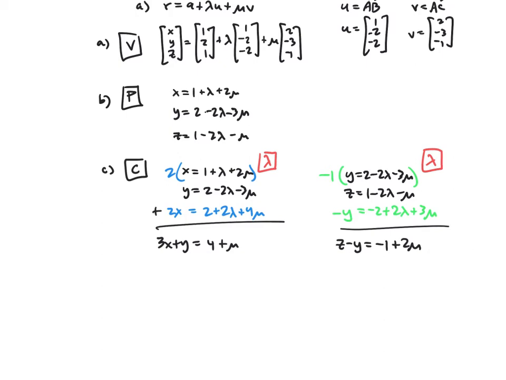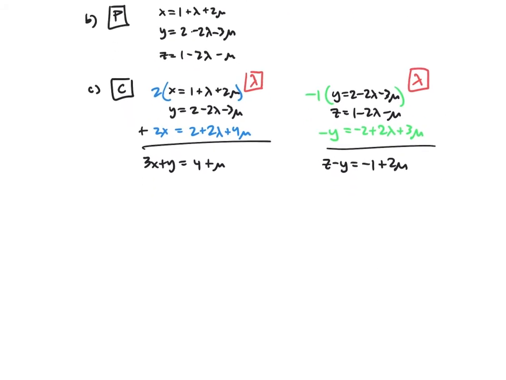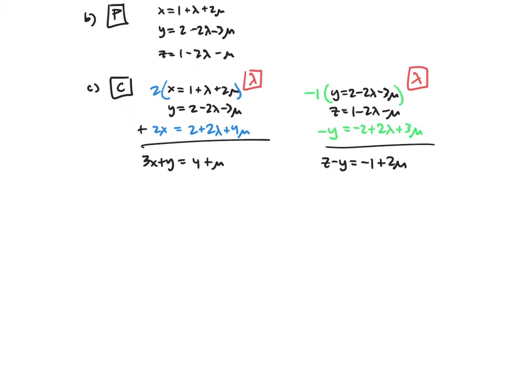Okay, so now I'm going to eliminate mu. Okay, so I'm going to stack these. This is 3x plus y is equal to 4 plus mu. And you could do this elimination process however you'd like to. I'm choosing to do it this way, aligning the components. And I'm going to multiply this first equation by a negative 2.